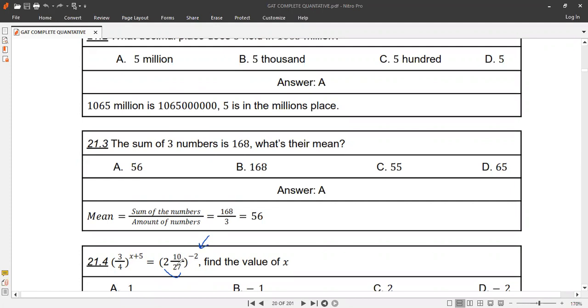But here we don't have a fraction, we have a mixed number. So the first step, let's change this mixed number into a fraction. It becomes 27 multiplied 2, 54 plus 10, 64 over the same denominator, 27.